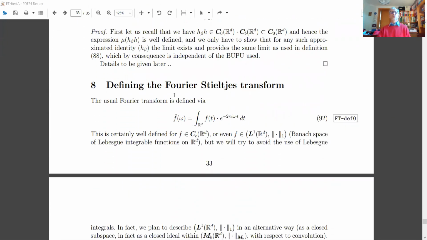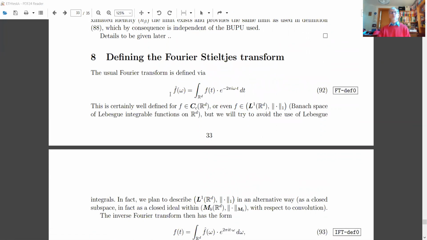Now coming to the Fourier transform, which is our next goal, we recall that the Fourier transform is usually defined in this way. You multiply the function with a pure integral. For those who already know the scalar product in L2 or on the torus, where the domain is a finite domain, you will say, oh yes, he's integrating f of t against the conjugate of a pure frequency of the form e to the 2 pi i omega t.